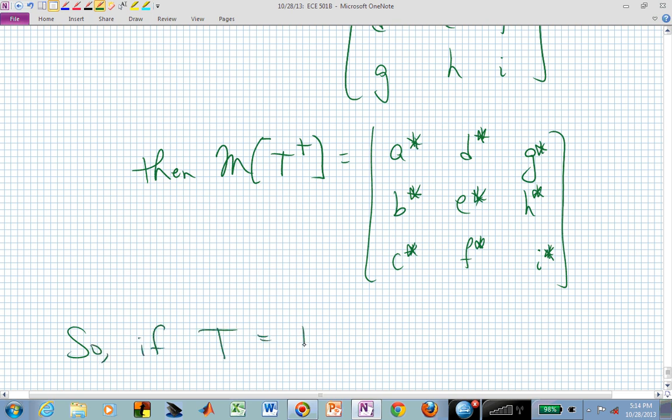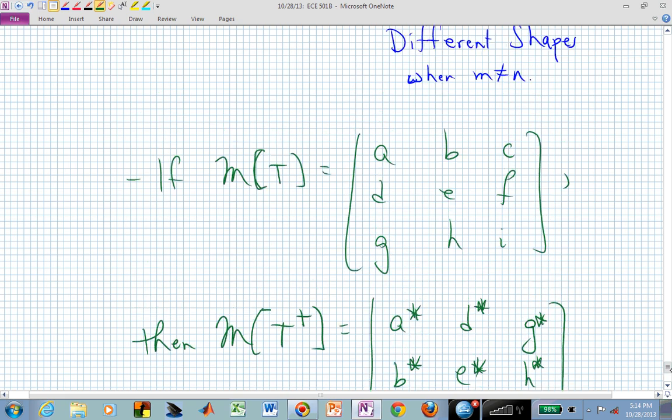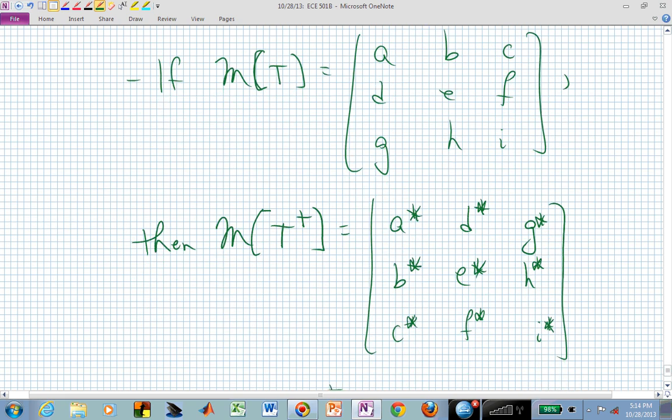Now, if T is equal to its adjoint, what's that implying about these entries in these matrices? Now we simply equate this matrix with that matrix, don't we? If they're equal, their matrix representations have to be equal, which says that A has to equal its complex conjugate. How's that going to happen? A has to be real, doesn't it?